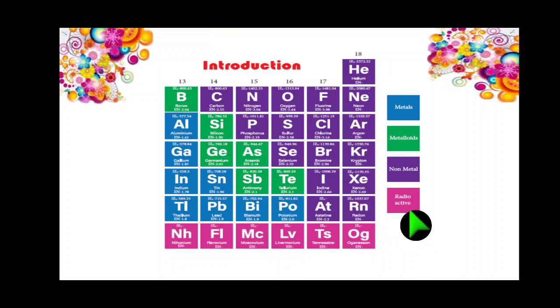Now, p block elements play a dominant part in all natural processes. For example, without molecular oxygen, we cannot imagine the survival of living systems. So we are inhaling oxygen. All living organisms inhale oxygen, right?